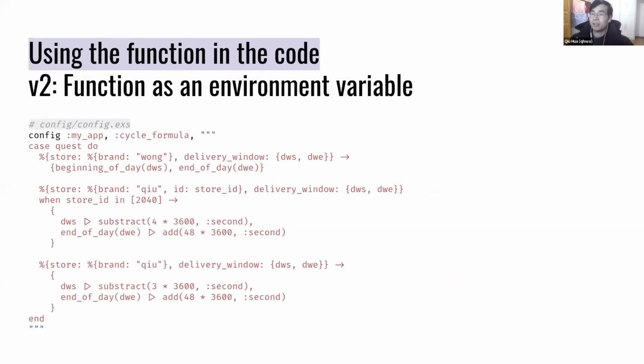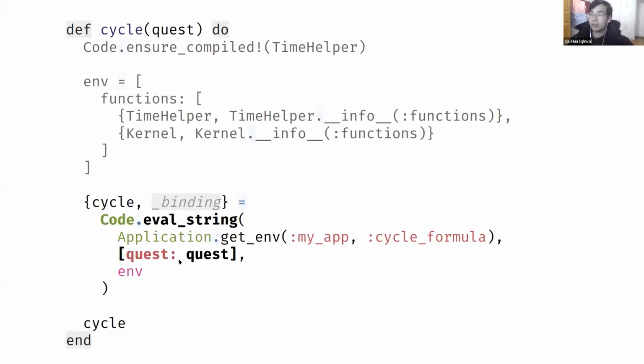But for Code.eval_string to work, we need to provide a binding, which is like a keyword list. We also need to pass the environment structure, which is like this.